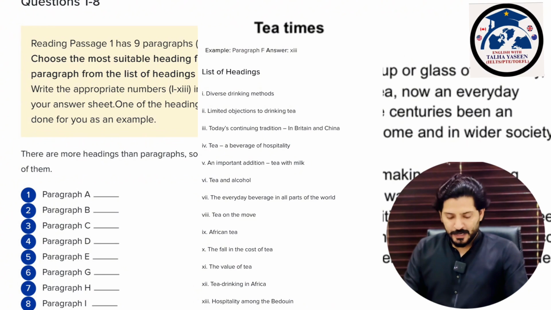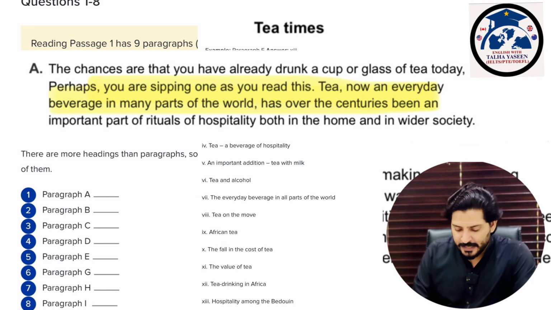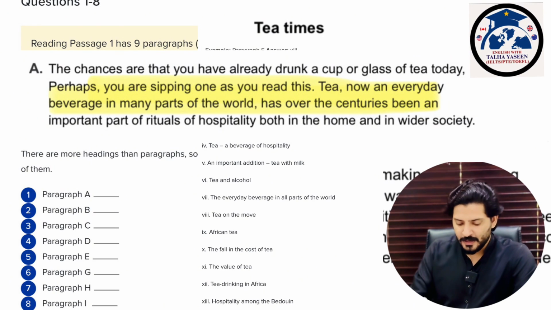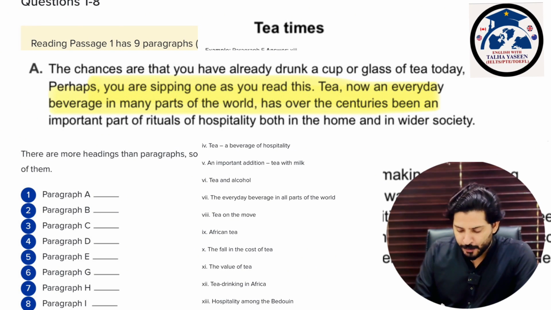Let's read the first passage. The chances are that you have already drunk a cup or glass of tea today. Perhaps you are sipping one as you read this. Tea, now an everyday beverage in many parts of the world. Did anything click in your mind?